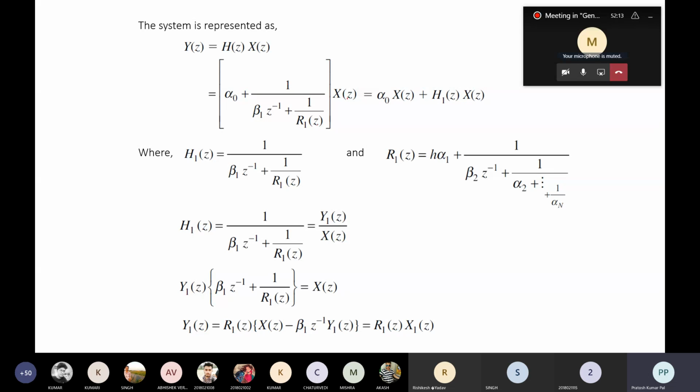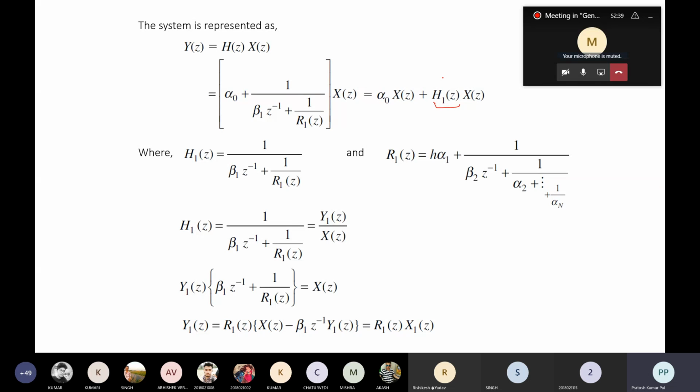That will be multiplied by x of z. Once we expand it, it will be alpha naught x of z plus the remaining term multiplied by x of z. That multiplication term we have considered as h1 of z. So the first expansion is y of z equals alpha naught x of z plus h1 of z into x of z.